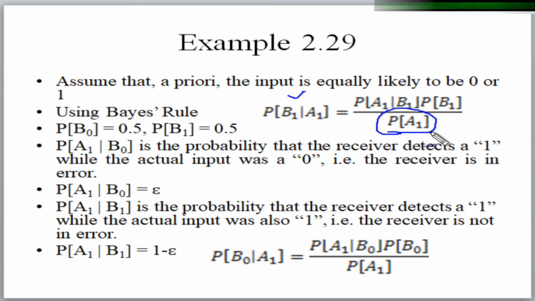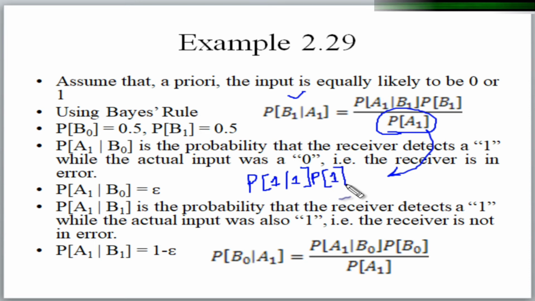Let me write it here. This is equal to the probability of getting 1, or A1, given that we sent 1, and the probability of 1 here.